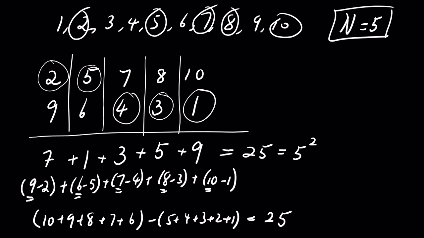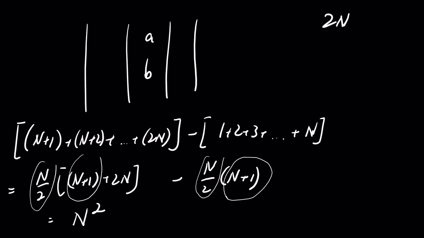For each column, A and B, one must come from the first half, 1, 2, 3, 4 up to n, and the other one must come from the second half, n plus 1, n plus 2, all the way to 2n. Now, we need to examine whether this is true.